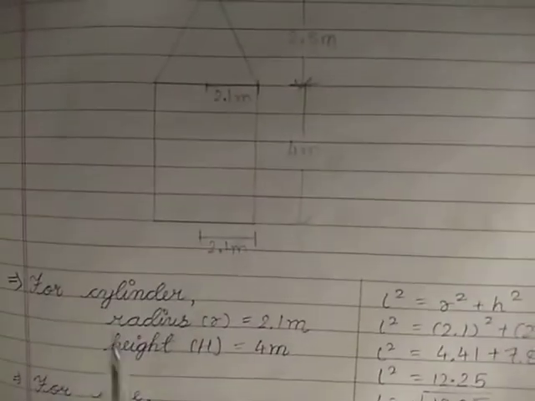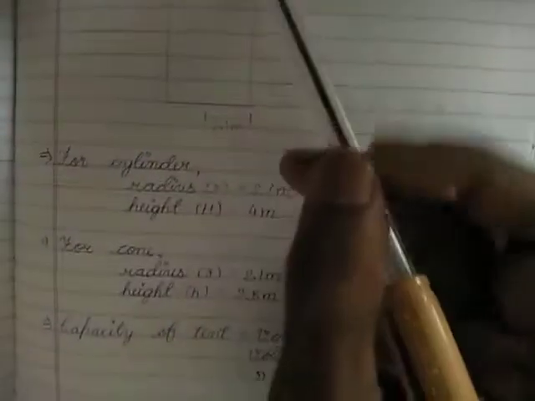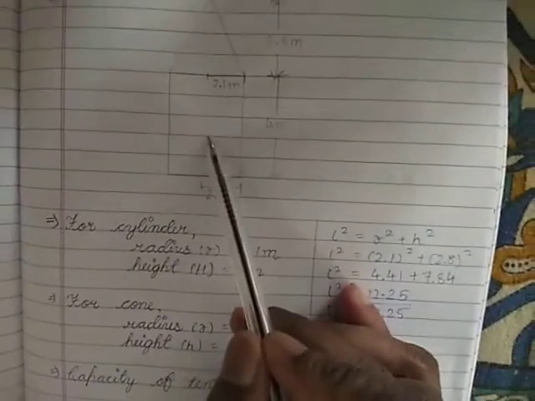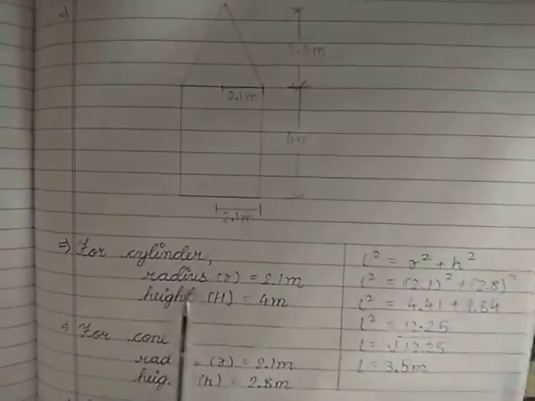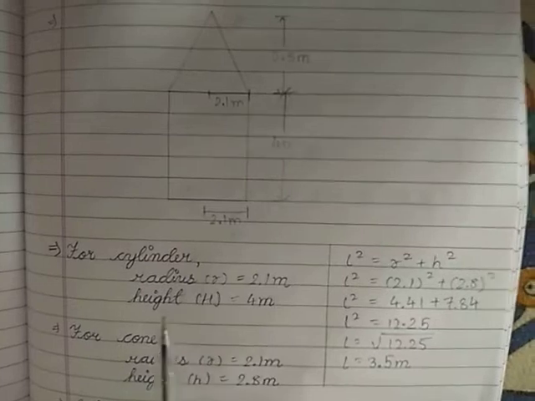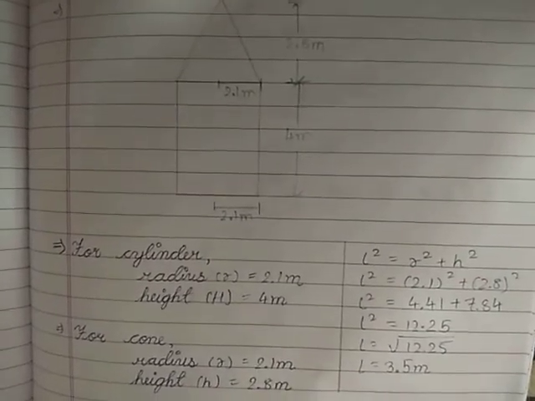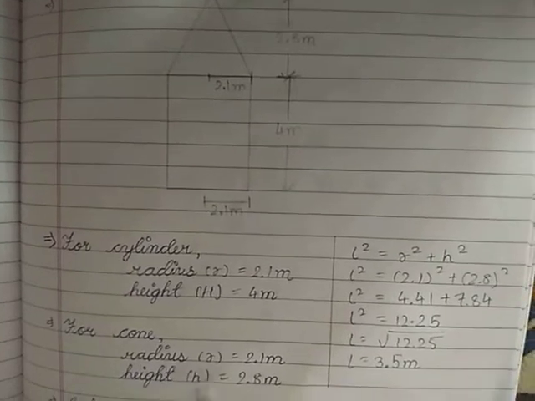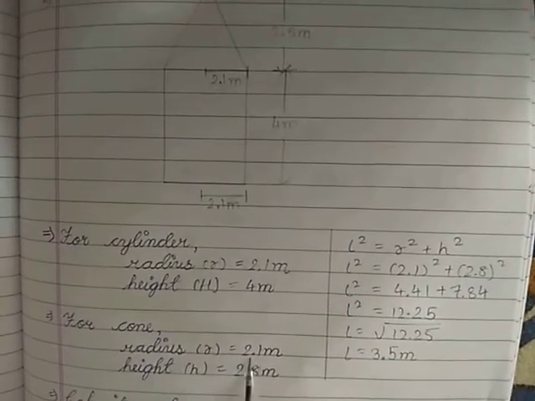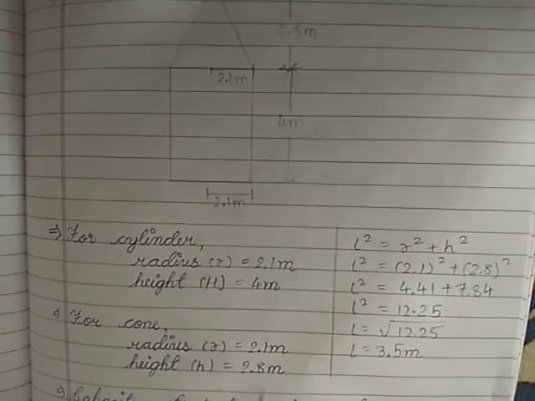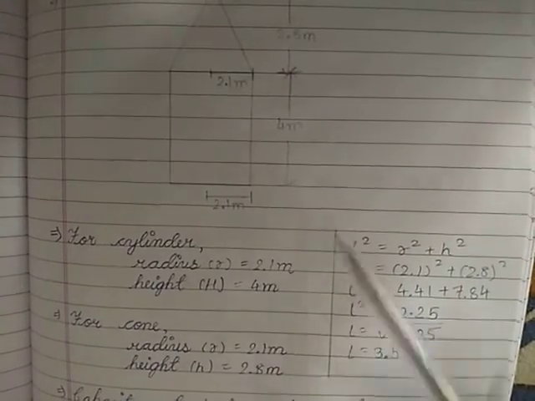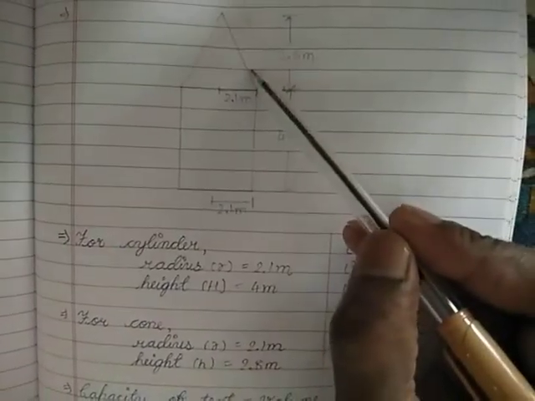For this, we have to find the surface area of the cone and the surface area of the cylinder. So for the cylinder, radius r is 2.1, h is 4 meter. For the cone, radius is 2.1 and height is 2.8. But you have to find the slant height because you need to find the surface area.